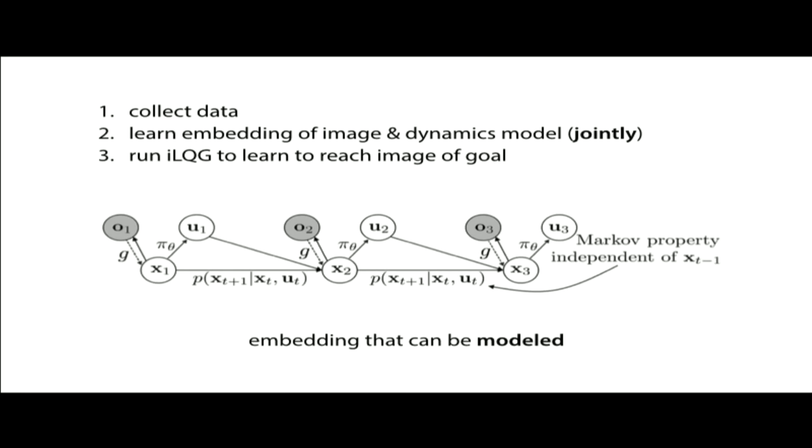Okay, so the way that they learn this embedding and the dynamics model jointly is, let's revisit our graphical model here. In this case, the O's are observed, and they're learning both the embedding G as well as the model P of xt plus 1 given xt and ut. And I'll go back to the board.